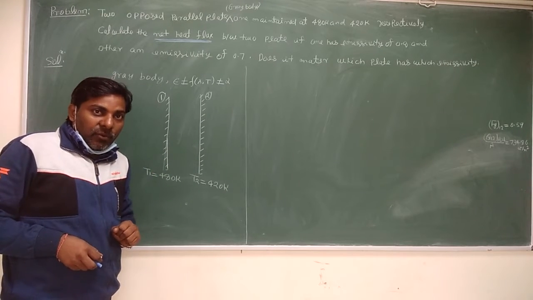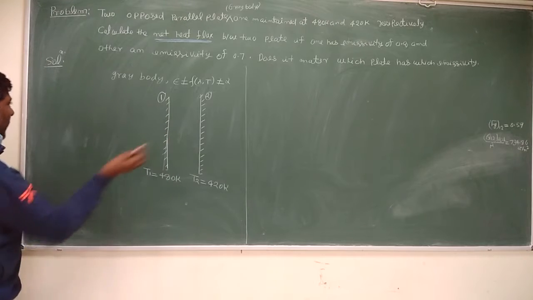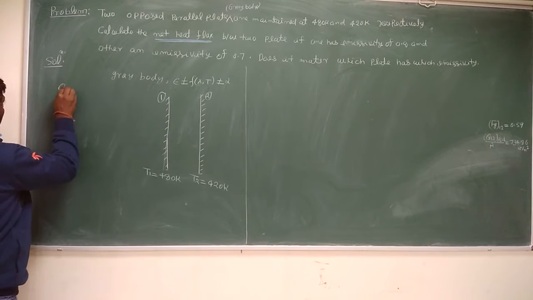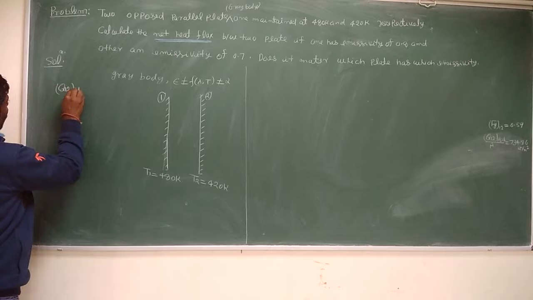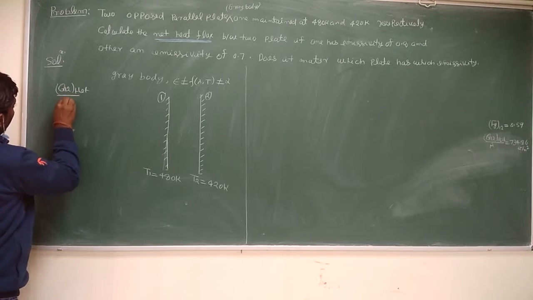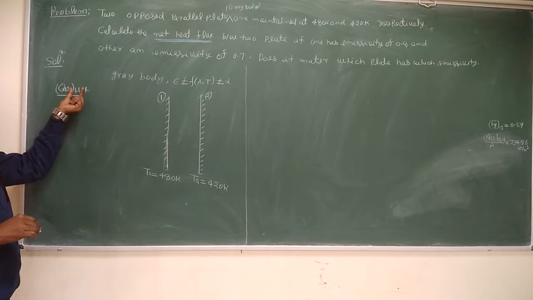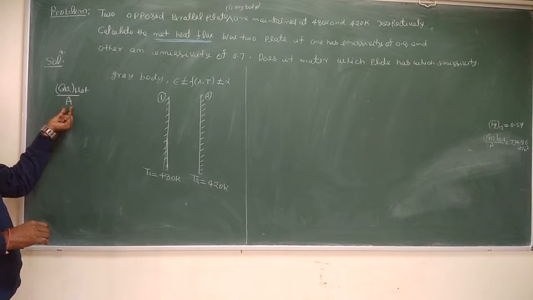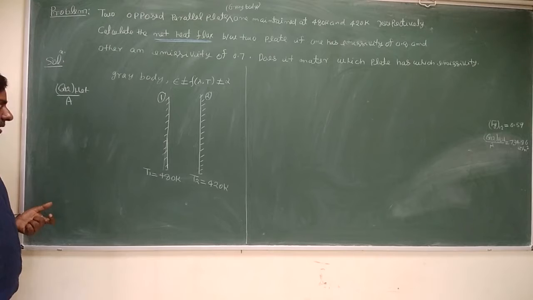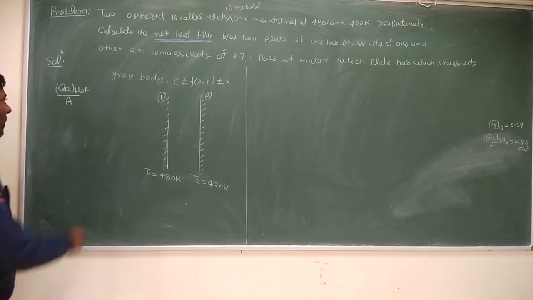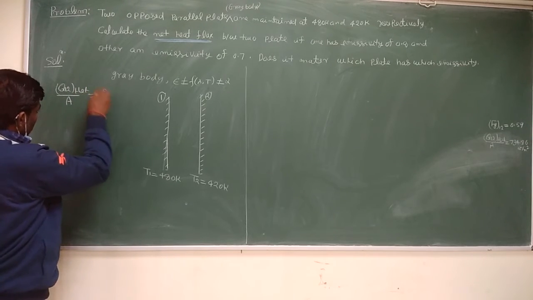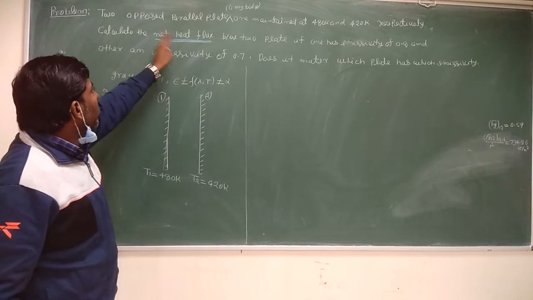He is asking for Q1 to 2 net per unit area, which is known as the heat flux. So Q1 to 2 net, the net heat transfer rate divided by area, will be the net heat flux between 1 and 2. This is the unknown.